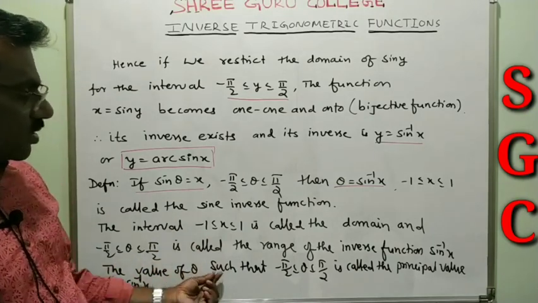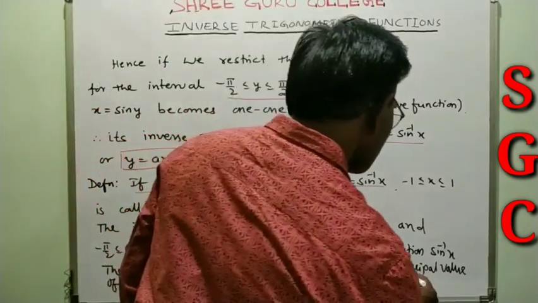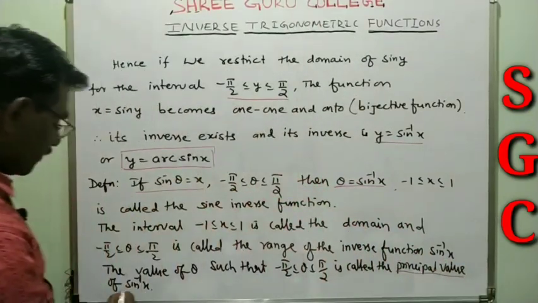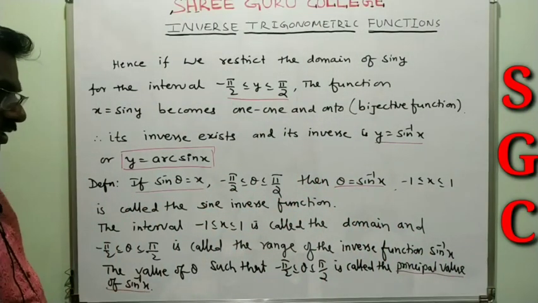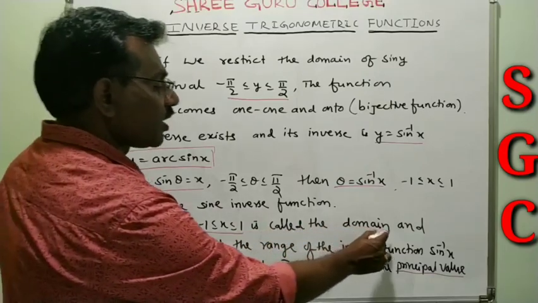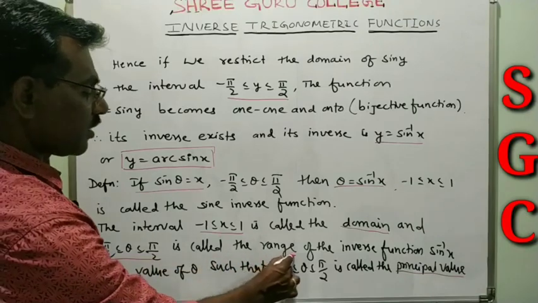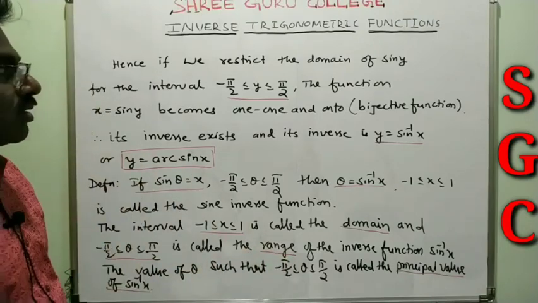The value of theta between minus pi by 2 to plus pi by 2 is called the principal value of sine inverse of x. So what is this called? Domain. What is this called? Range.